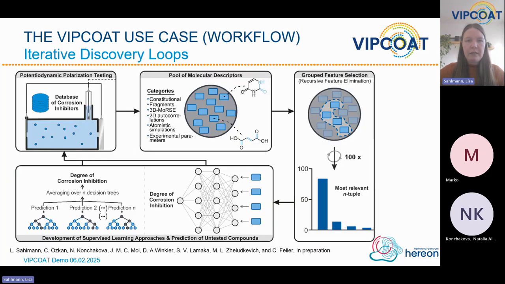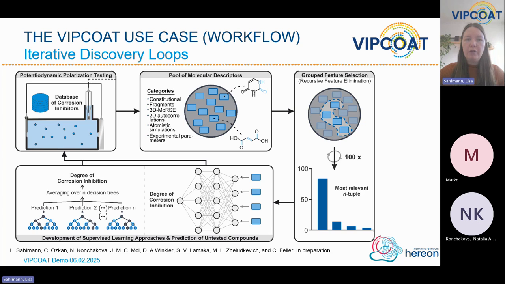And here you can see the overview or the workflow that we used. So we start off with building the database. As I mentioned, this was done at TU Delft, and organic molecules have been tested. Then we are generating the molecular descriptors in the next step, and the number of molecular descriptors that we generated was really large.